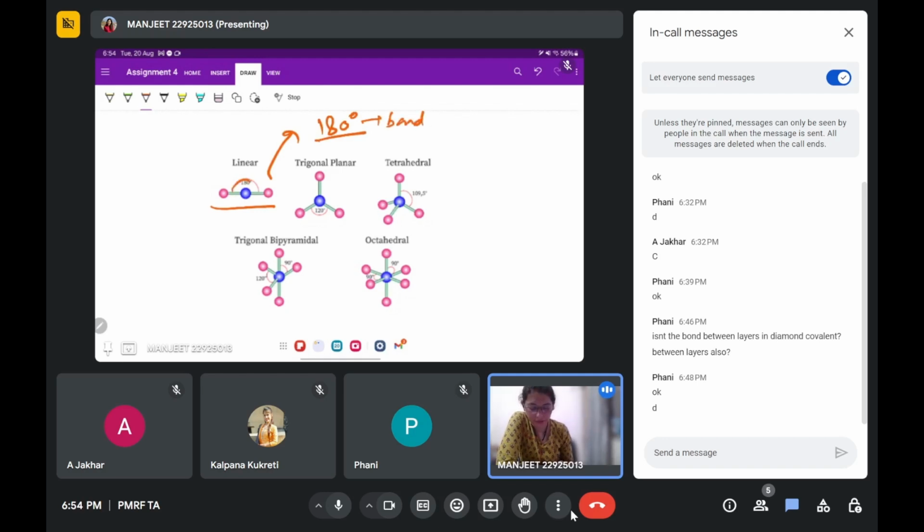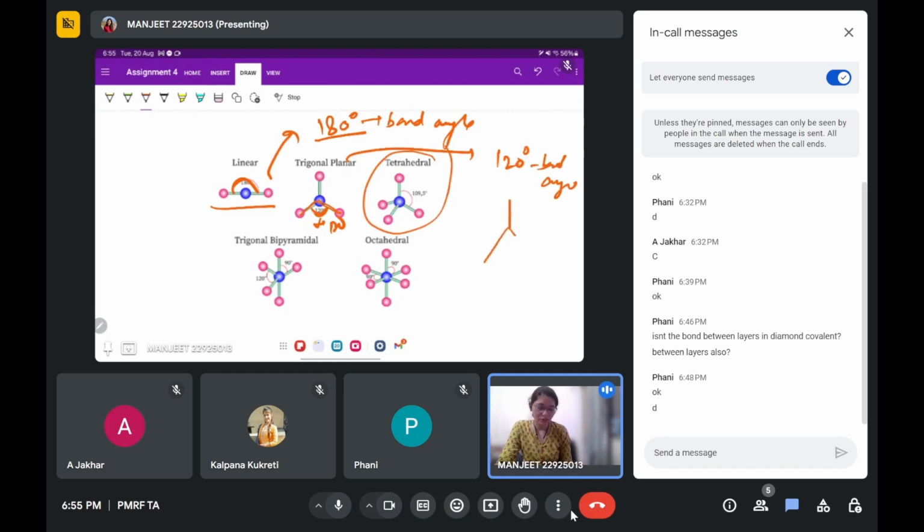The angle between them is 180 degrees. This is the trigonal planar, because they are in the same plane. So trigonal is having the 120-degree bond angle. This is the tetrahedral.